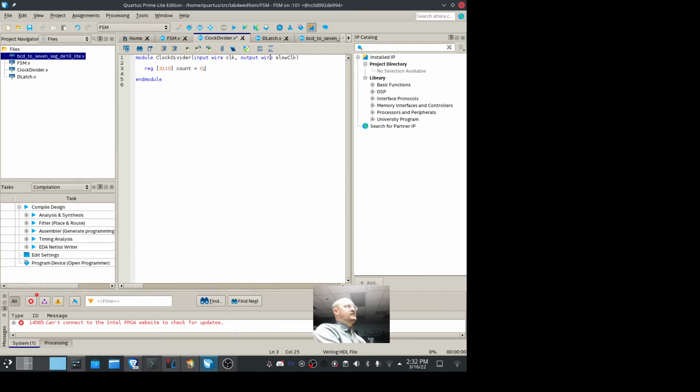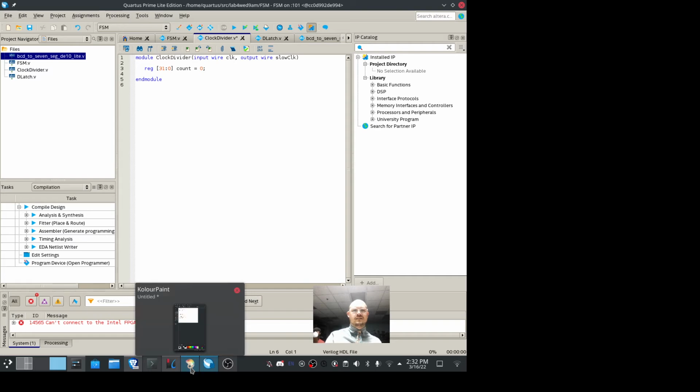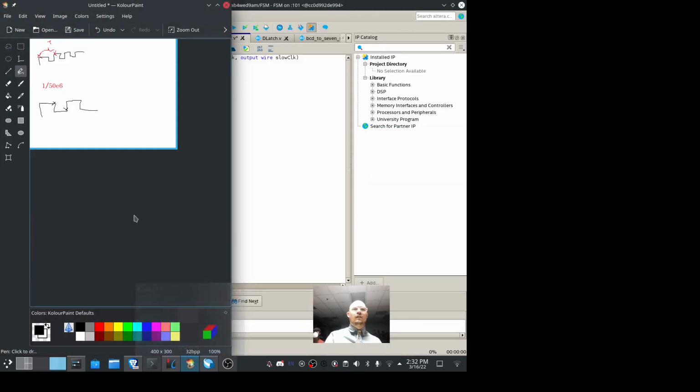We don't have to specify that it's a 32-bit number, like 32'b, because it is a 32-bit number, so we can just put our regular digits, and Quartus will assume it's a 32-bit number, and in this case it's right. All right, so now back to my notepad here. This gives you the basic structure. If I am going to count, I'm going to increment my counter at every period, every positive edge.